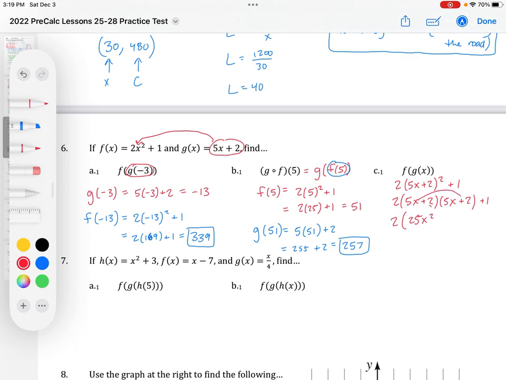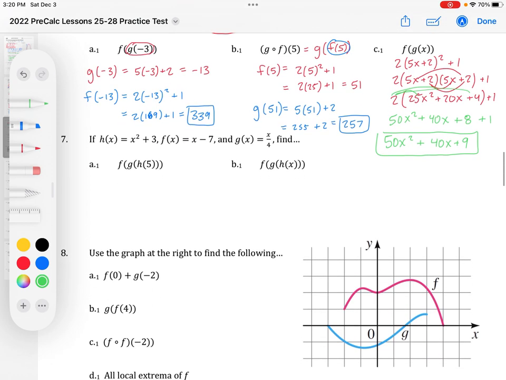Then you'd have 10x plus 10x, so that's 20x. And 2 times 2 is going to be plus 4. Then if we distribute that 2 into the parentheses, we have 50x squared plus 40x plus 8, and then at the end we have plus 1. So if we add those constants, we get 50x squared plus 40x plus 9. That would be your final answer.